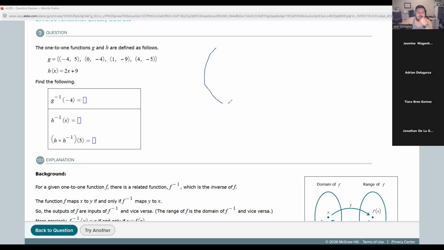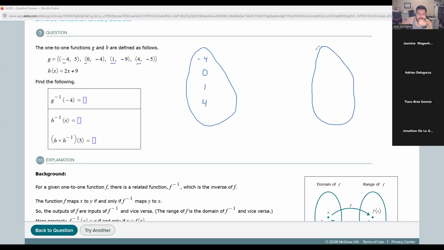If I drew you a picture, I'm going to put all the x values and call this the domain. And I'm sending them all to the y's.